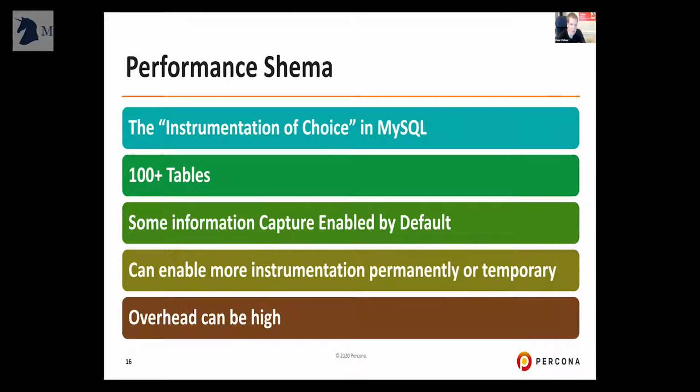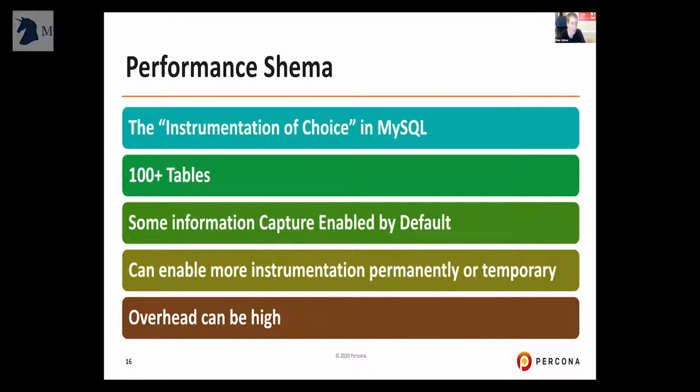Performance schema is another very important data source of observability data. This is the instrumentation of choice in recent versions of MySQL. What does that mean? Well, that means that if you think about all the observability problems, how to capture and visualize new data, the thinking in the MySQL development team now is, hey, it has to be exposed through performance schema.